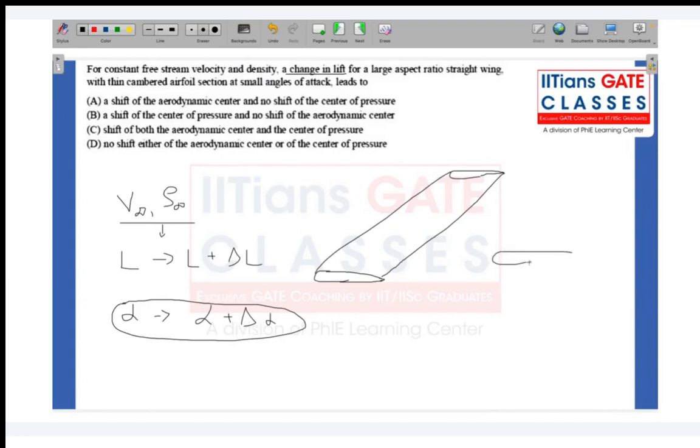So if your lift is changing, what can easily happen is that the location where the resultant of these forces, resultant of both lift and drag, is acting can definitely change, because you have a change in the force, so correspondingly there should be a change in the location where your net moment goes to 0. So the right option here is option B, that there can be shift in the center of pressure and no shift in the aerodynamic center.